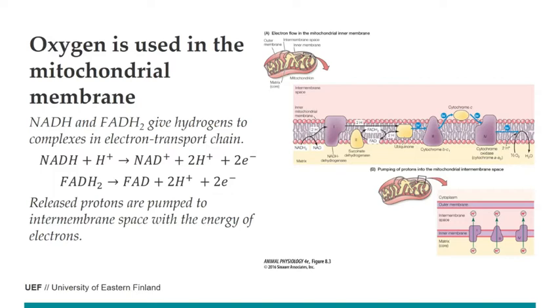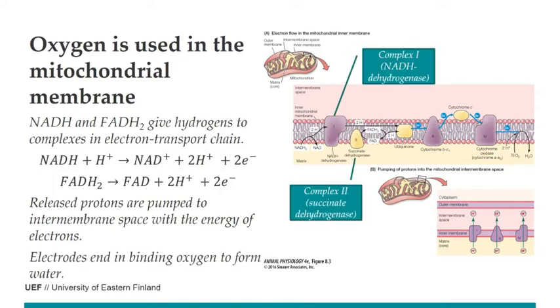In this electron transport chain, we have complex 1, NADH dehydrogenase, that takes electrons from the NADH. Then we have complex 2, succinate dehydrogenase, that is affected by FADH2, so FADH2 gives the protons, or at least electrons, there.